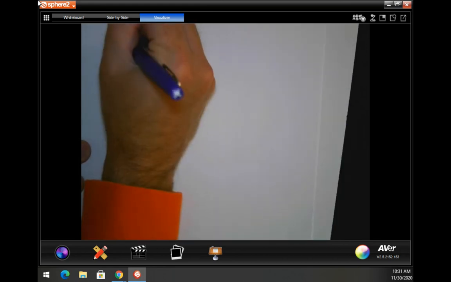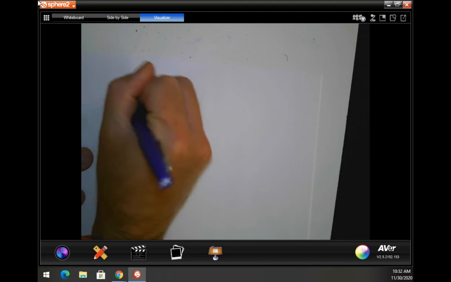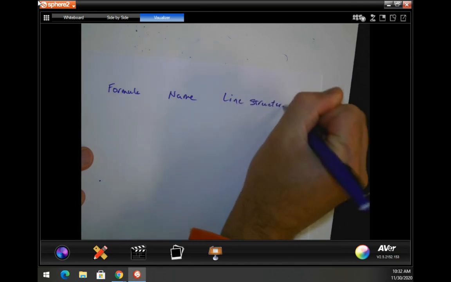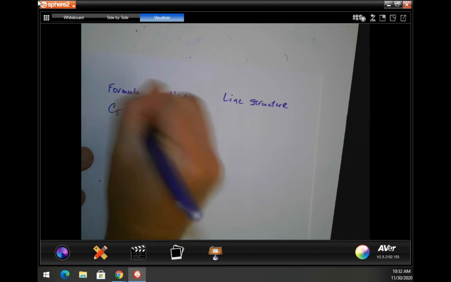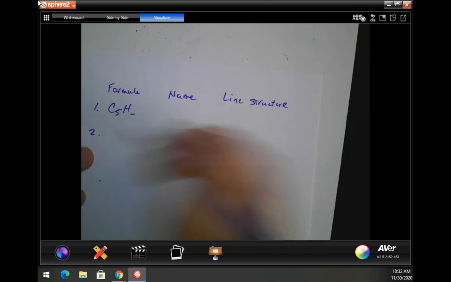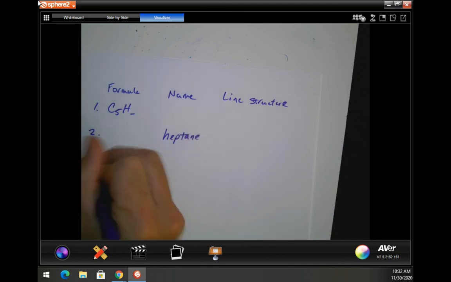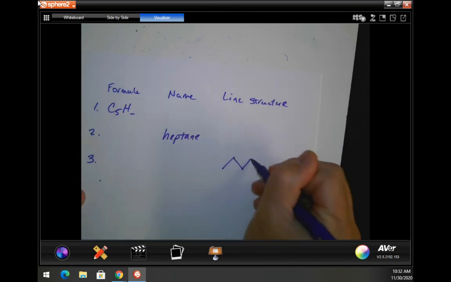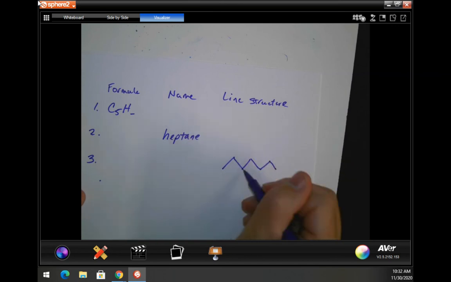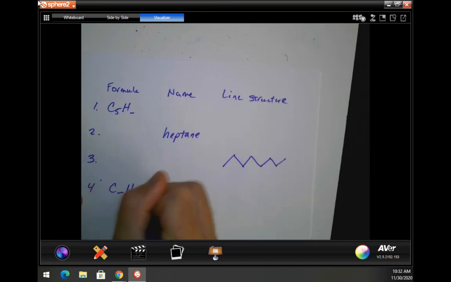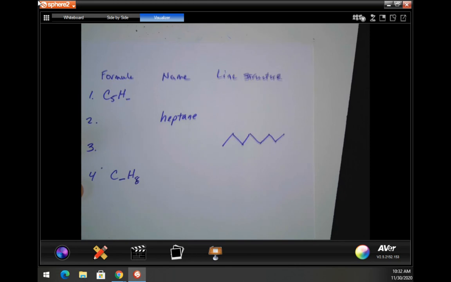And then I'm going to use a different sheet so it doesn't bleed through. All right, give those 4 a try.